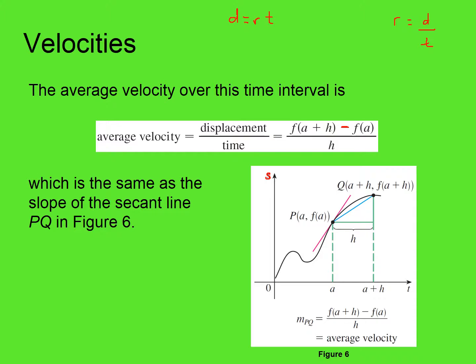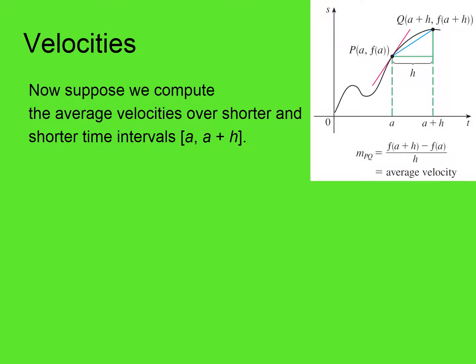Okay, so this is a version of y2 minus y1 over x2 minus x1, except we made a substitution. We threw that variable h in there, and so it doesn't look exactly like that. But slope of the secant line, slope of line, the blue line. Now, of course, we're going to try to approach the pink line.